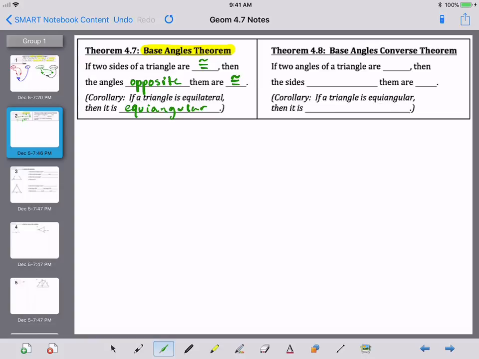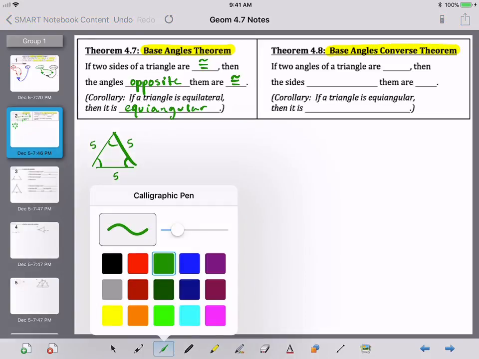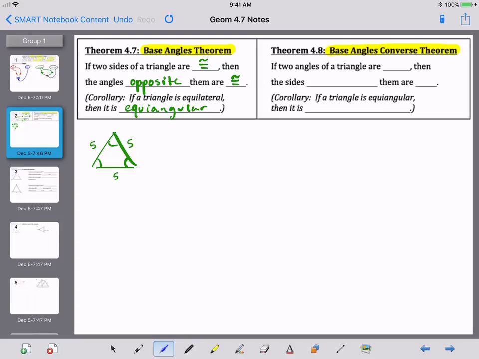And all that's telling you is that if you know a triangle's sides are the same, so say this is 5, 5, and 5, then we know its angles have to be the same as well. Alright, the converse of that tells you almost the same information, but you're starting with the angles.